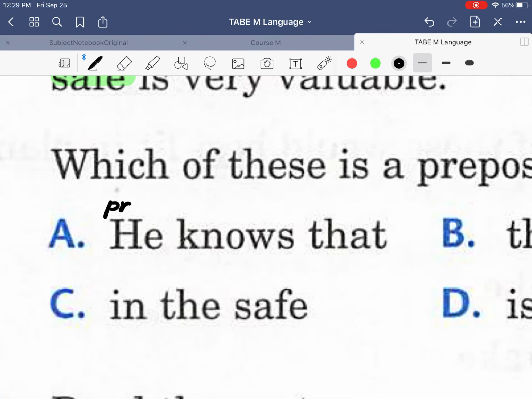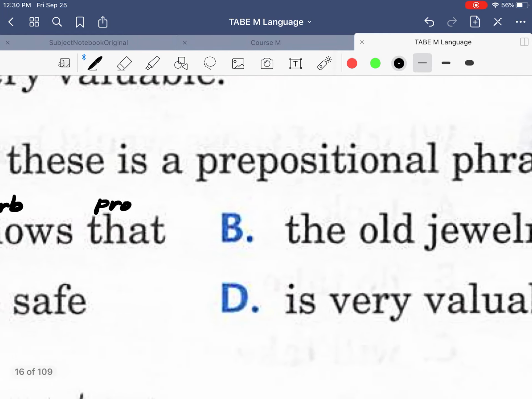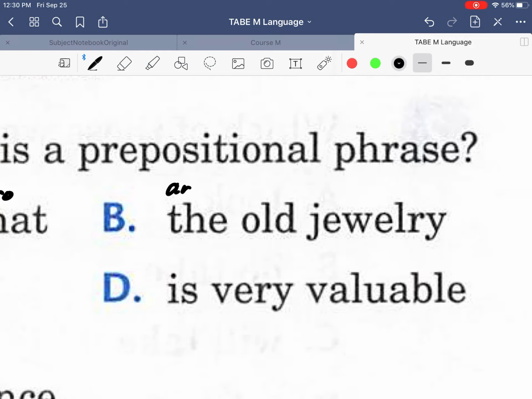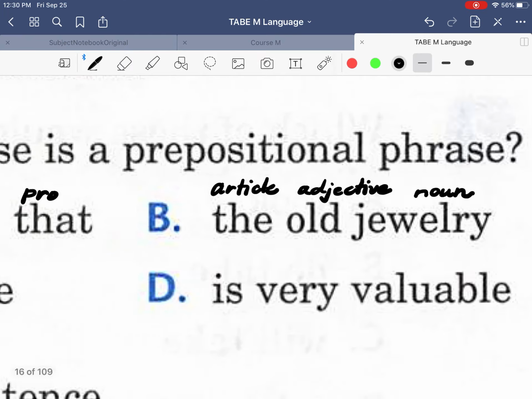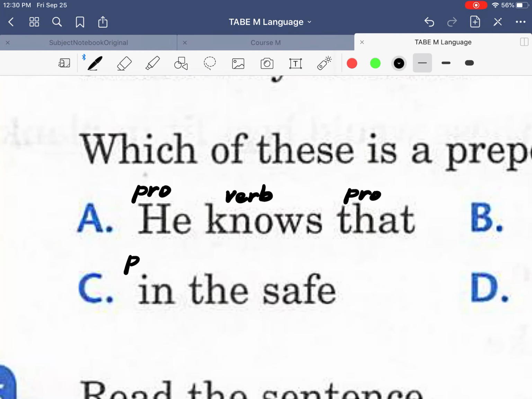Here is a pronoun, a verb, a pronoun. Here is an article, which is an adjective. It's just a special adjective. This is an adjective, tells what kind of jewelry. And jewelry is a noun. In is a preposition. Article, noun.